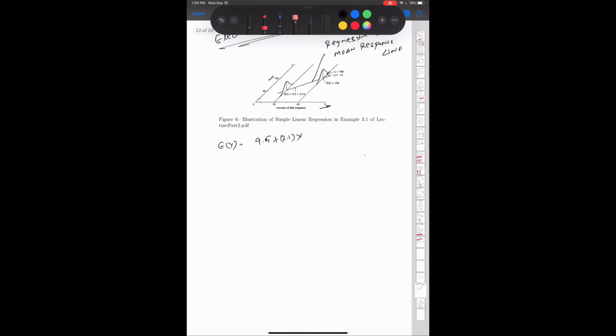Let's go back, and so let's say, what is the interpretation of sigma square? So let's understand the interpretation of sigma square. So this is the line and this is the sigma square.